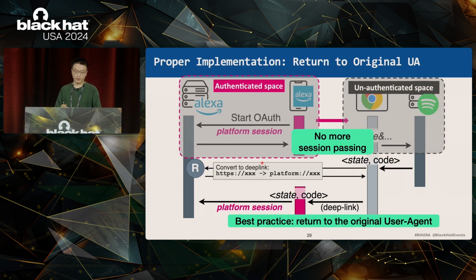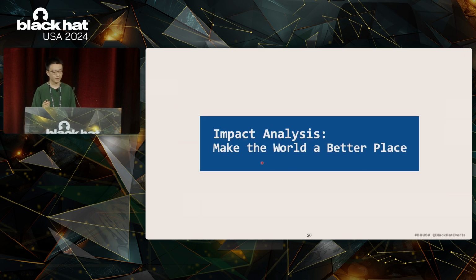Our recommended fix is to make the protocol always return to the original user agent that has the initial session information. It can either be the native app or, in the first case, the initial domain that keeps the session. In that way, session passing is no longer needed, and yet the platform can still know which user to link to after OAuth.